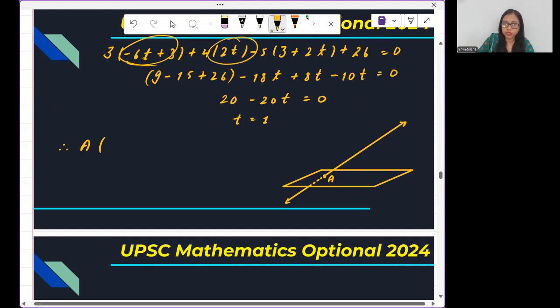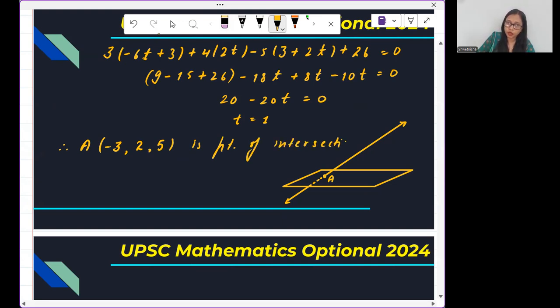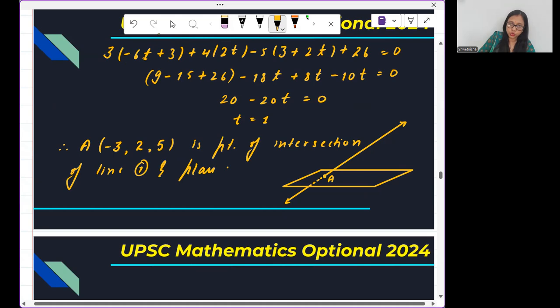If I substitute t as 1, it is minus 3, 2, comma 5. This is the point. Therefore, this is point of intersection of line 1 and plane 2.